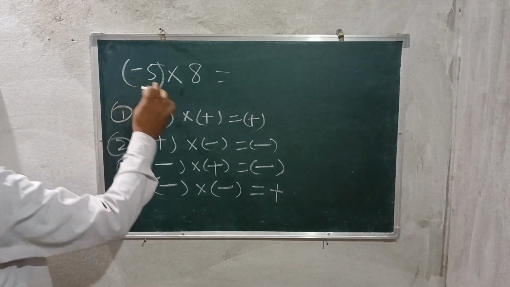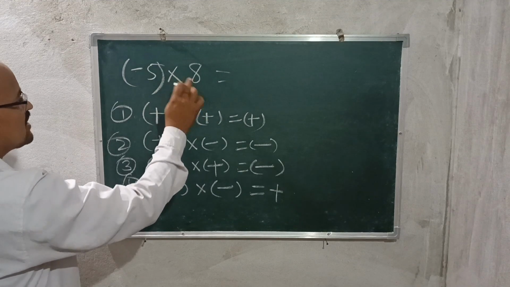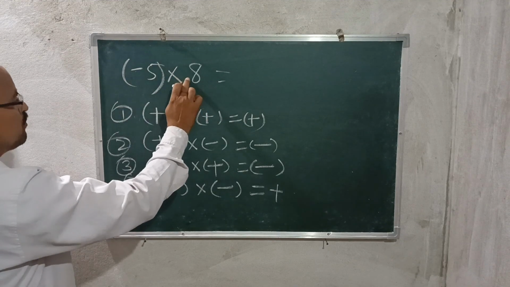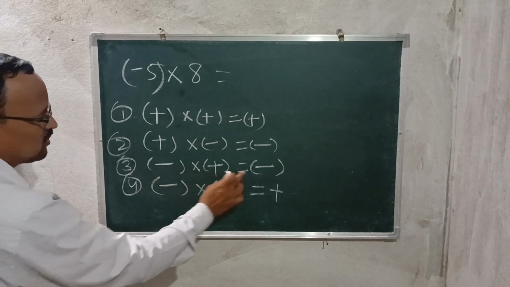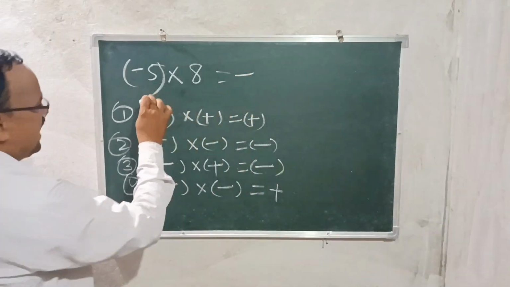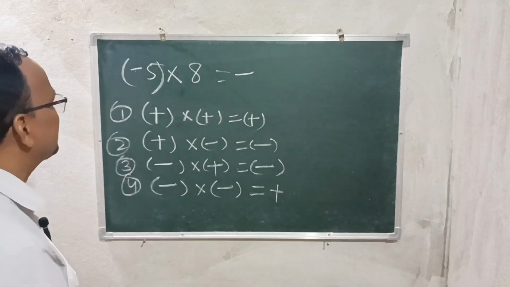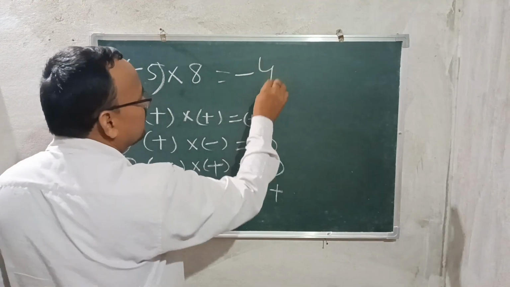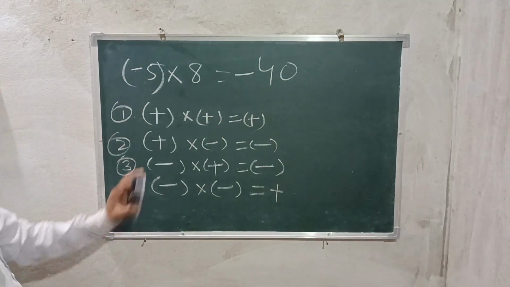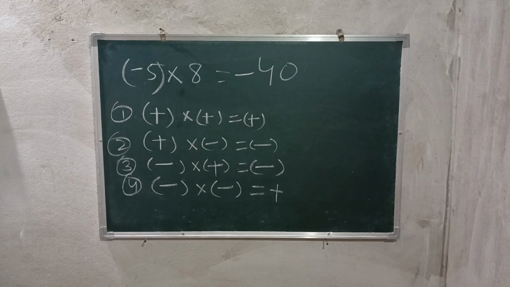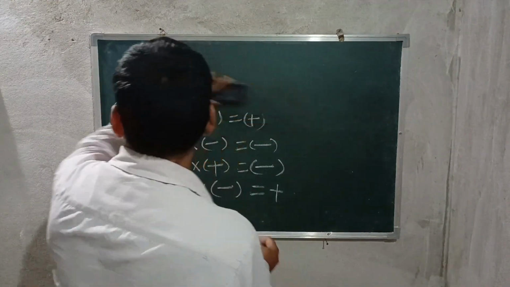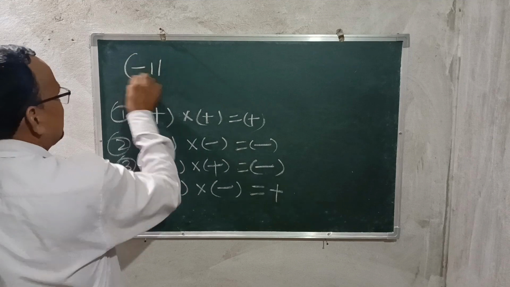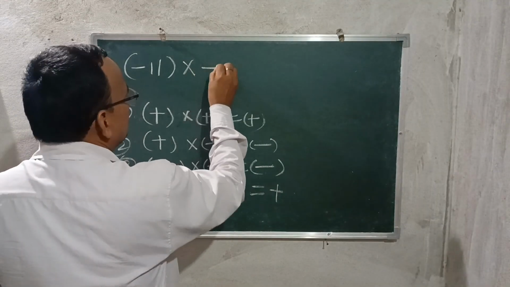Minus 5 into plus 8: minus into plus, that is minus. And product of the number, rule number 2: 5 eights are 40. So the answer is minus 40. Another example: minus 11 into minus 7.